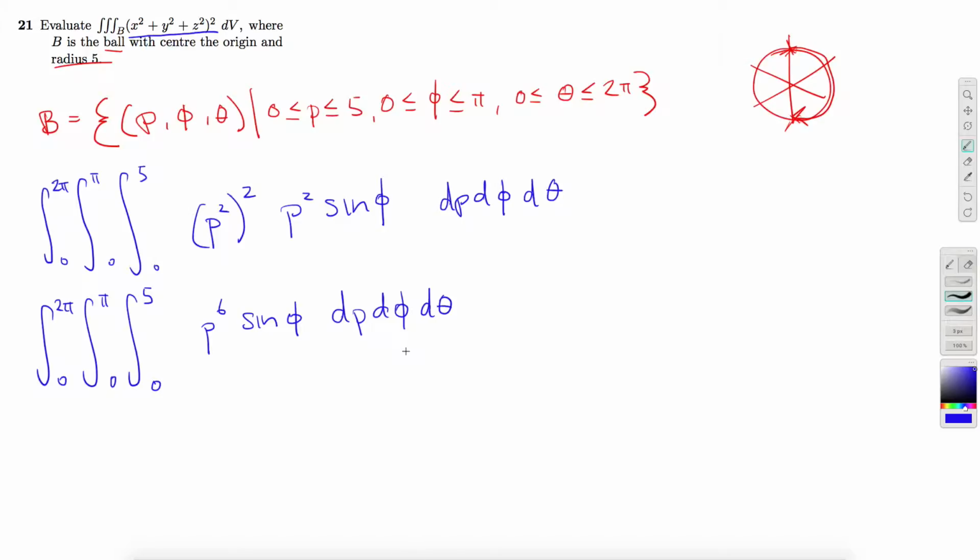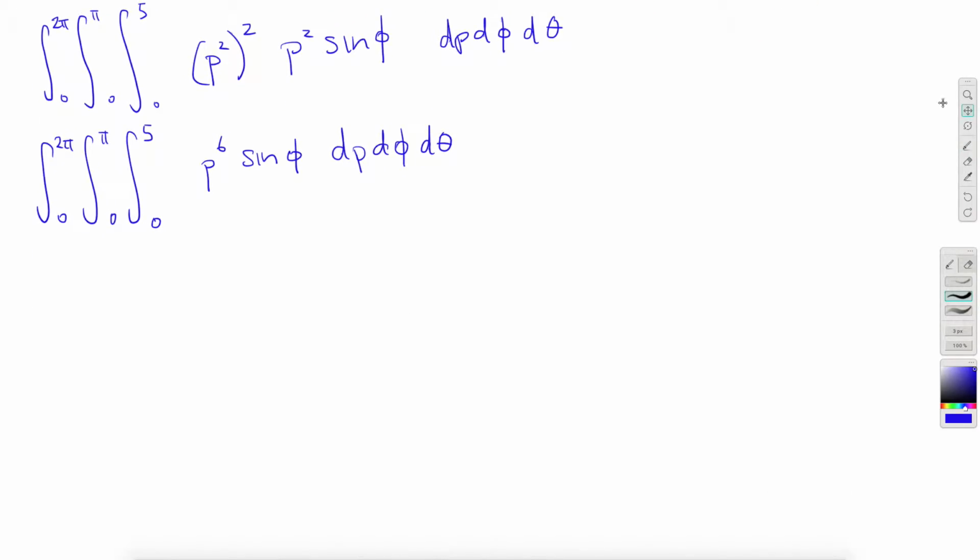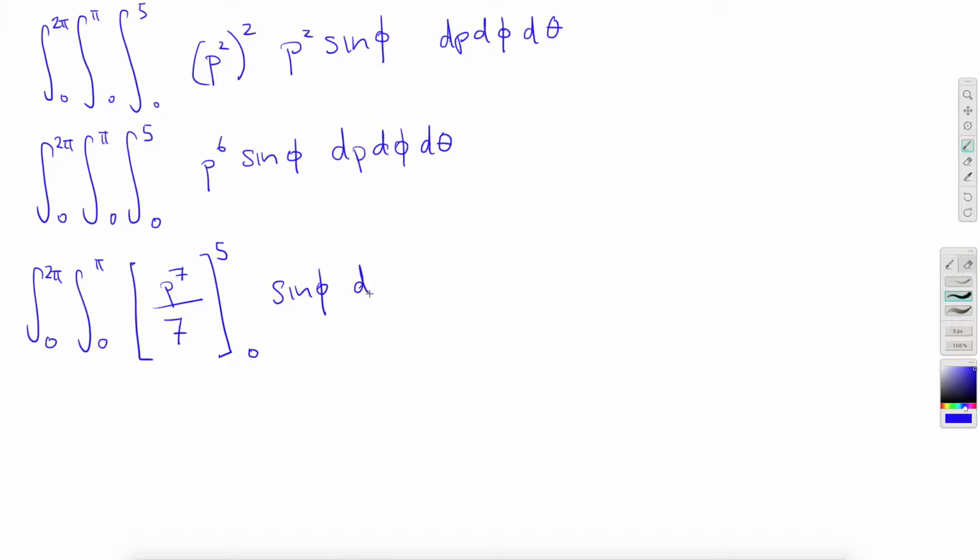My goodness. Now you're going to integrate this with regard to rho. So you're going to get the integral from 0 to pi of rho to the 7 on 7, between 5 and 0, sine phi d phi d theta.